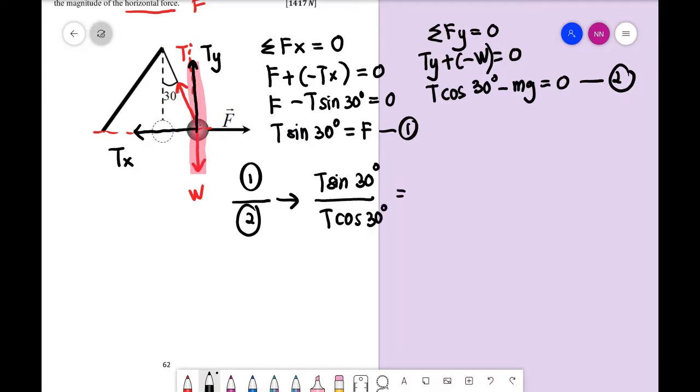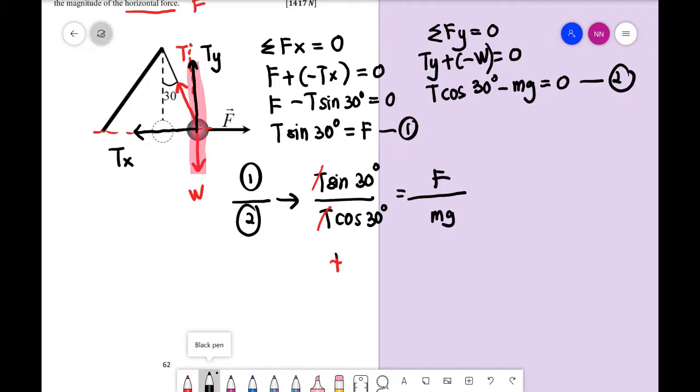And then right hand side of equation 1 divide with right hand side of equation 2. Okay, now we can simplify. Okay, we can cancel the T. Sin 30 degree divide with cos 30 degree equals to tangent 30 degree.